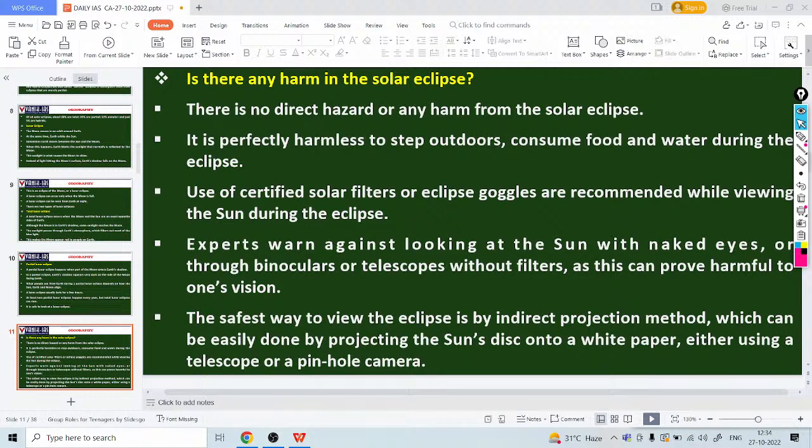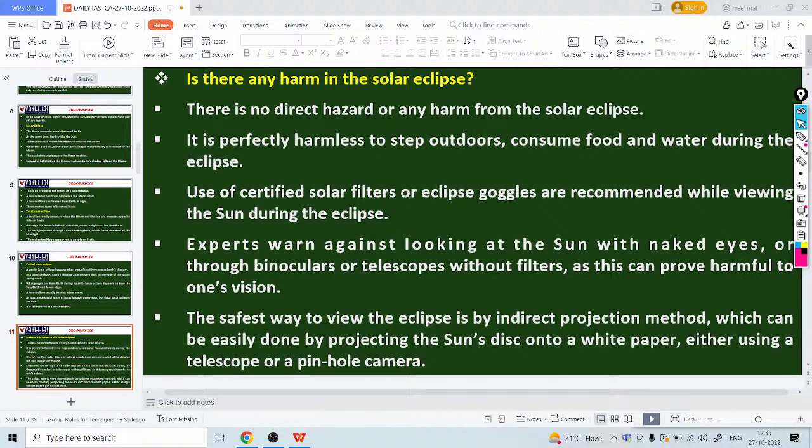Experts warn against looking at the sun with naked eyes or through binoculars or telescopes without filters, as this can prove harmful to one's vision during solar eclipse, not lunar eclipse.